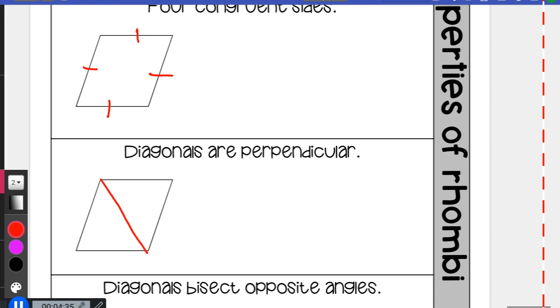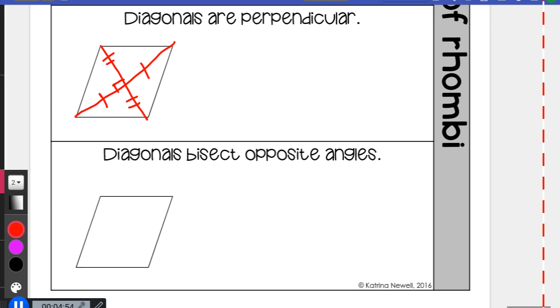Diagonals, they still bisect each other, but here they hit at a perpendicular. So they bisect and they're perpendicular. Now the diagonals aren't the same like they were in rectangles, because one is going to be much longer than the other.